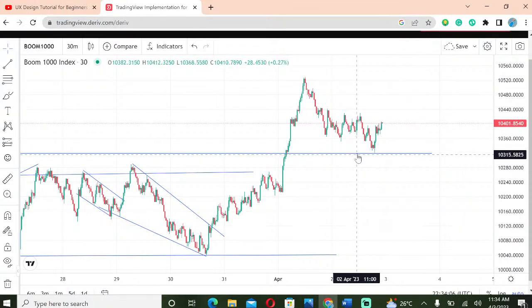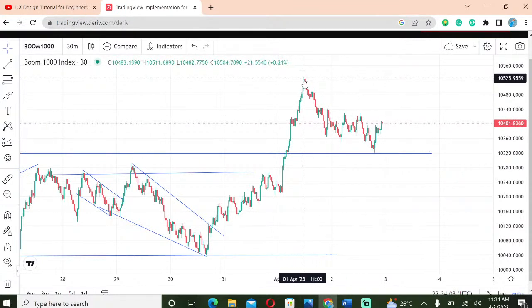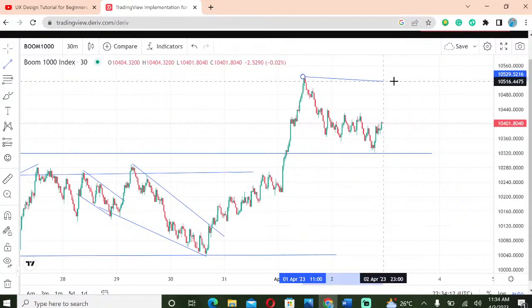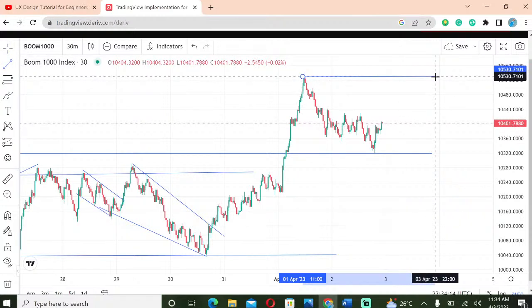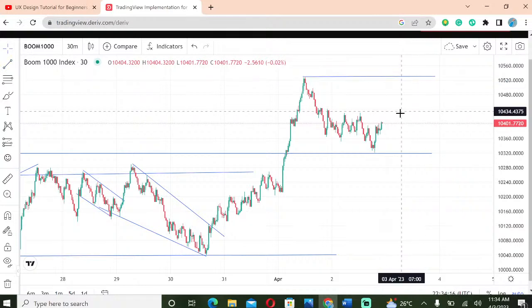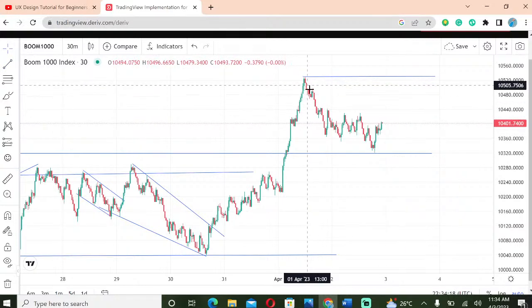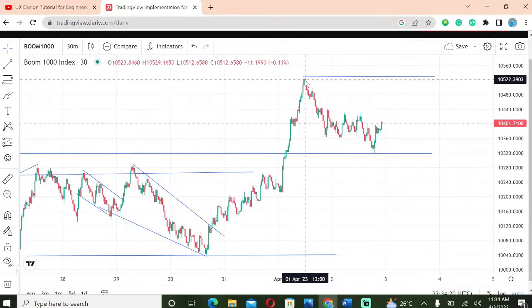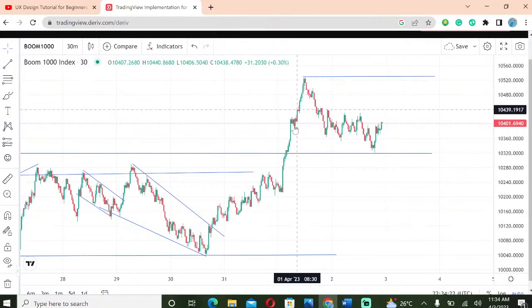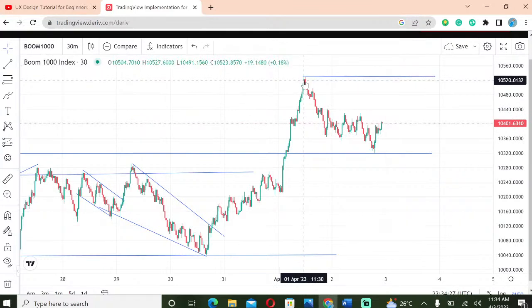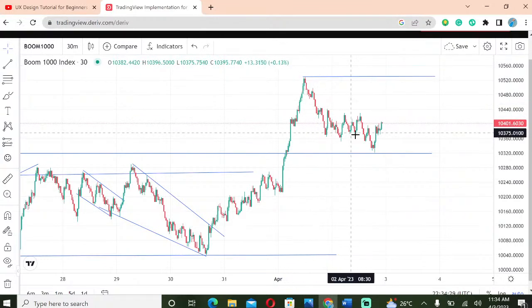You identify your support zone and your upper support zone, which helps you to know the movement of the market. You see the market currently now we are having a downtrend. You see it's moving on a downtrend from the uptrend here. After it has spiked for some hours, it keeps on weakening, and it keeps on selling down.